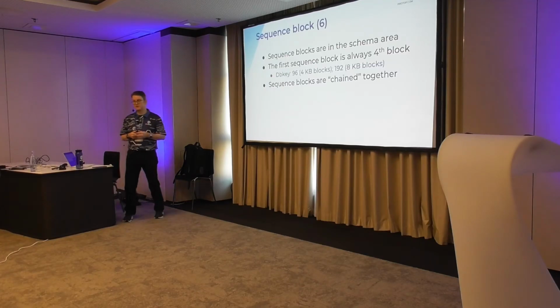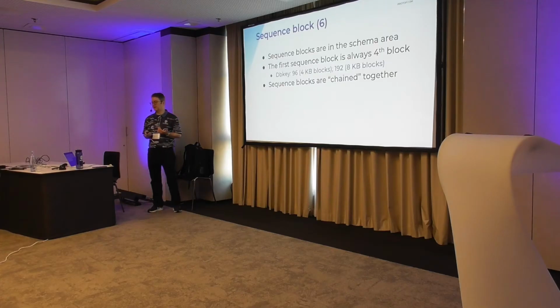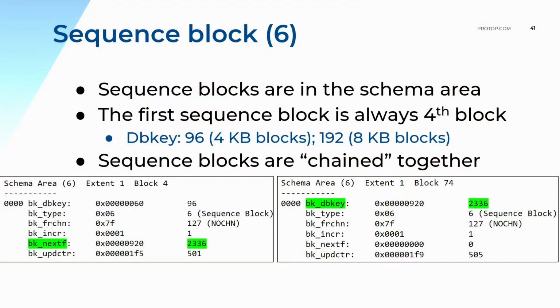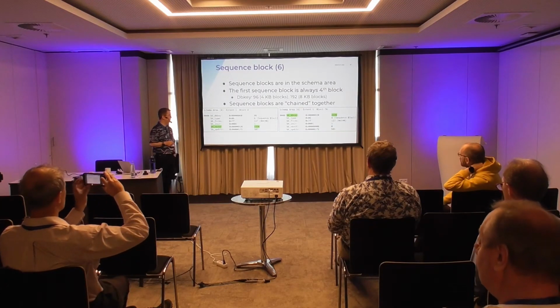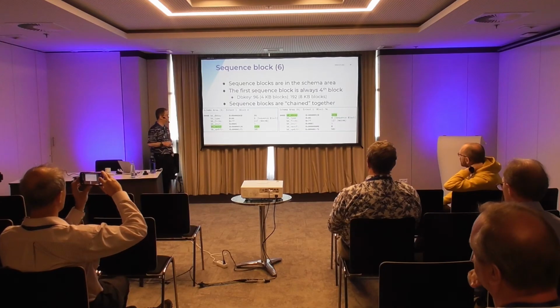And sequence blocks, if you have multiples of them, are chained together in kind of an interesting way. So here's a diagram of the headers of 2 sequence blocks from a database. We can see the first one has a DB key of 96, so this must be from a 4K database. And its next field has a DB key value of 2336, although you can see it's not on a chain.